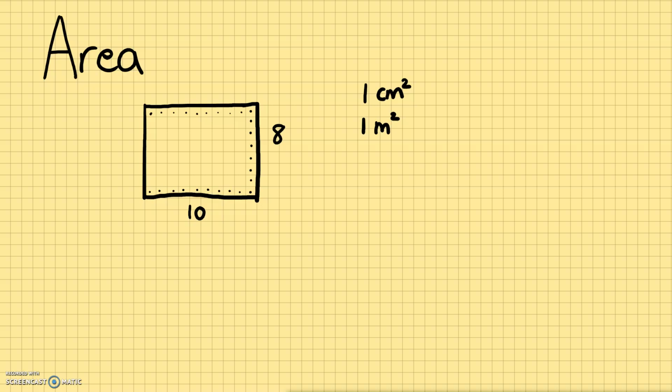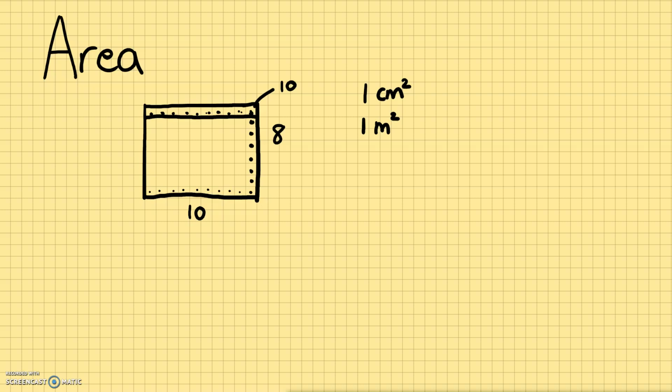So if you look at one row of squares here, we counted that there were 10 squares this way. 1, 2, 3, 4, 5, 6, 7, 8, 9, 10. So one row equals 10 squares. And how many rows do we have? We have one row, another row here, another row here. The number of rows equals the number of squares on our vertical side here.